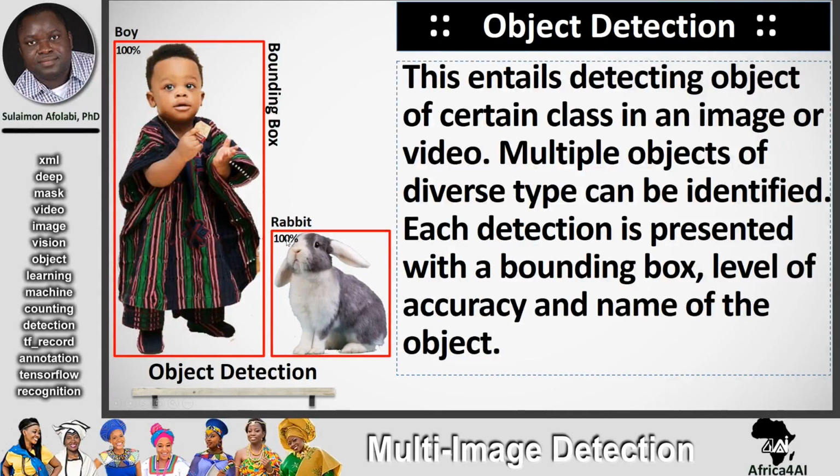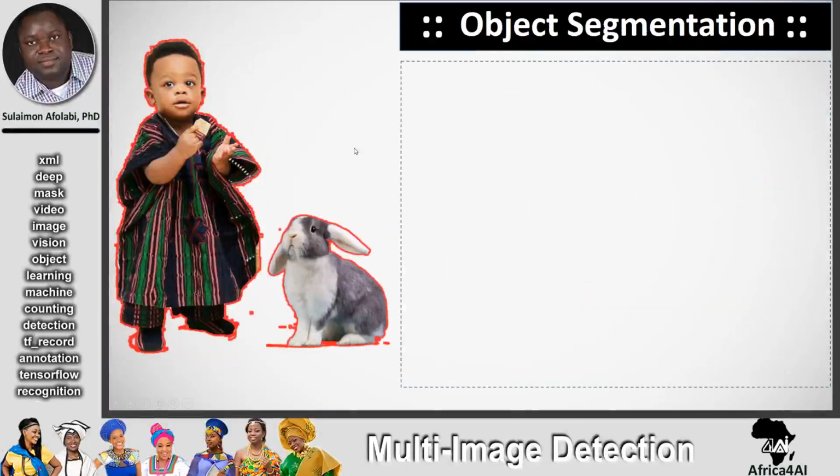The model performance will be displayed. Is it detected at 100% level of accuracy? Is it detected at 70 or at 50? Is it not properly classified? You will see it in the name. Maybe instead of looking at a rabbit, it's looking at a hare, which is also a kind of bush rabbit or a white rabbit.